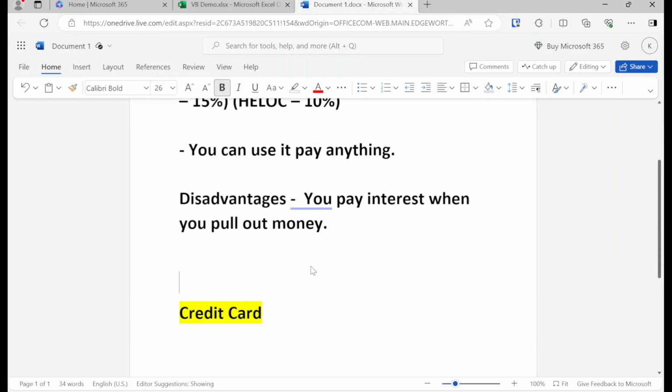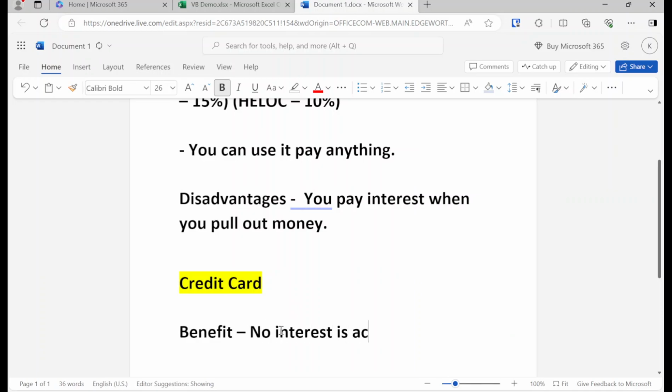So let's go over the advantages of a credit card, okay? The biggest advantage that I think credit cards have is that no interest is accrued if you pay the previous statement in full.